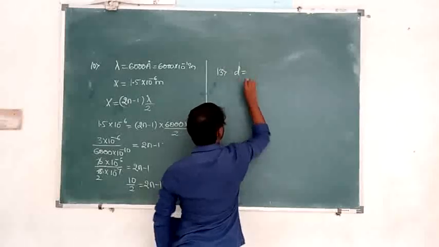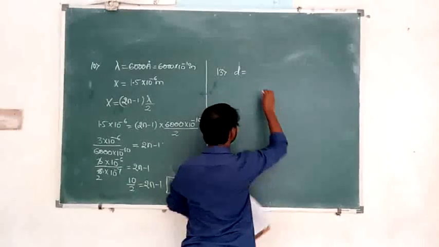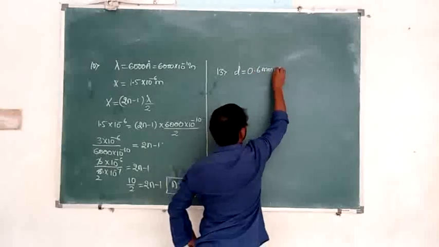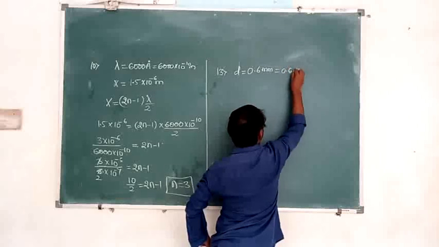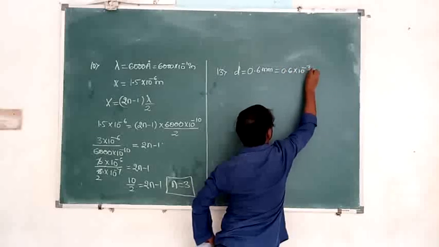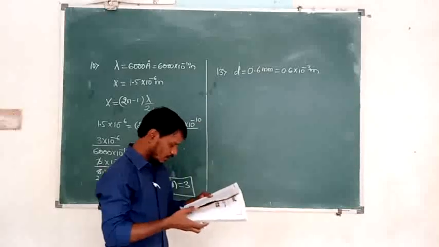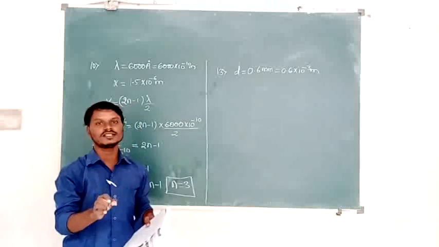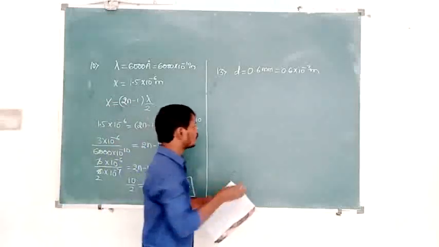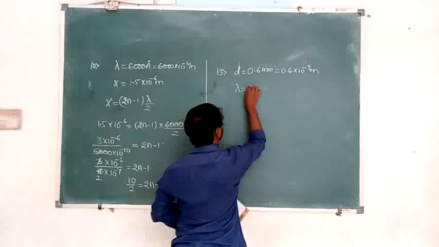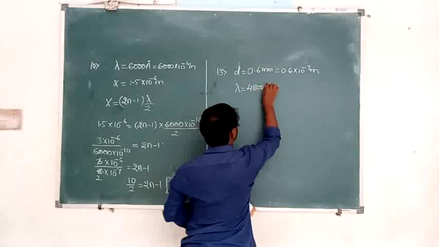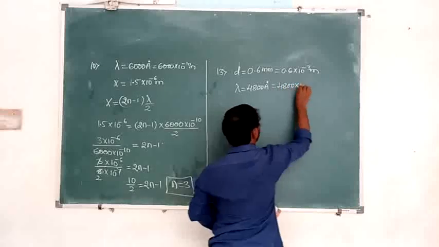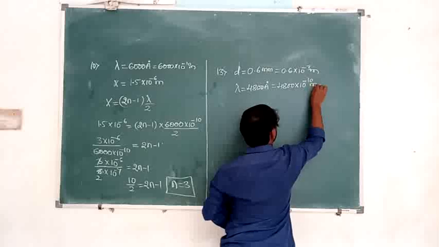Slit width, that is d is equal to 0.6 millimeter. 0.6 millimeter means it is 0.6 into 10 to the power of minus 3 meter. Next, both slits are illuminated with light of wavelength 4800 angstrom, that is 4800 into 10 to the power of minus 10 meter.